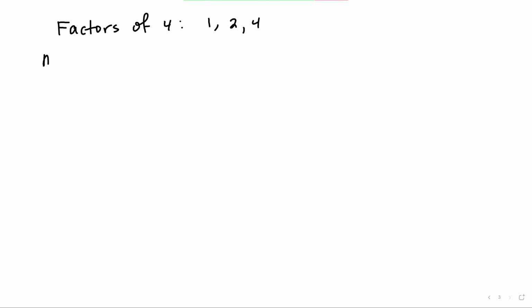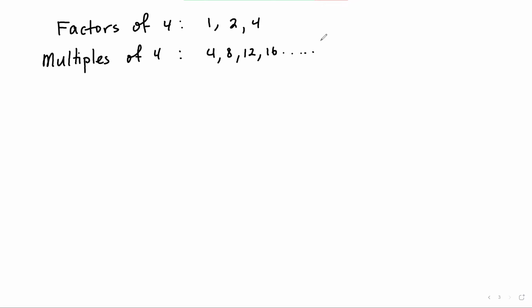But the multiples of 4 are 4, 8, 12, 16, and so on. So factors is a finite group. You could only have a certain number of factors of any number, but multiples is an infinite group, right? Because the multiples of 4 go on and on.